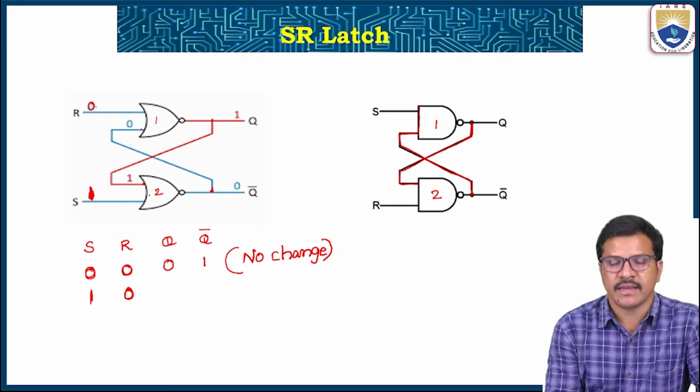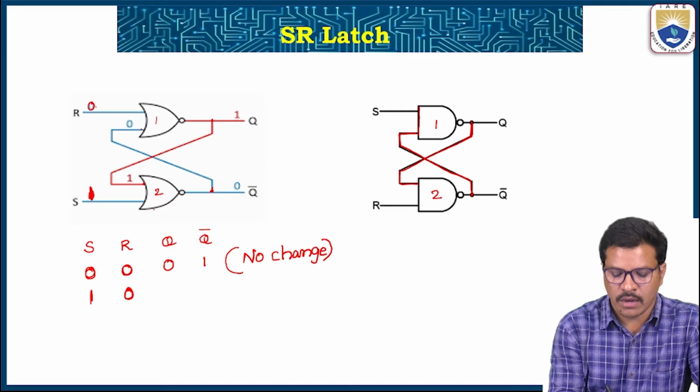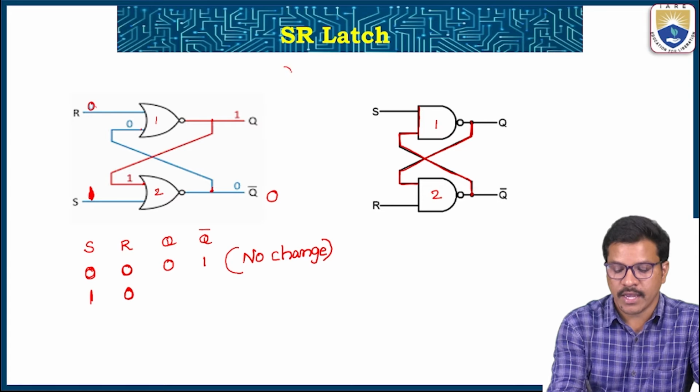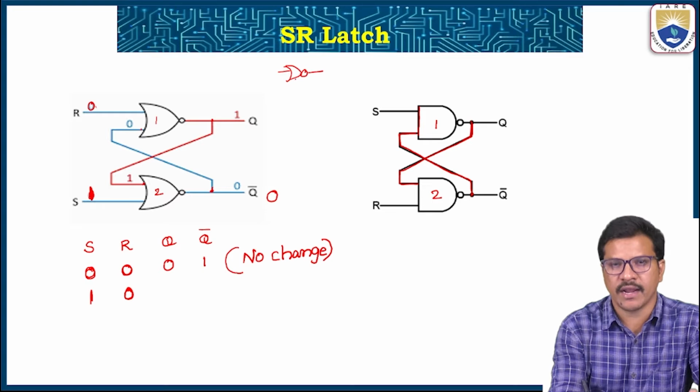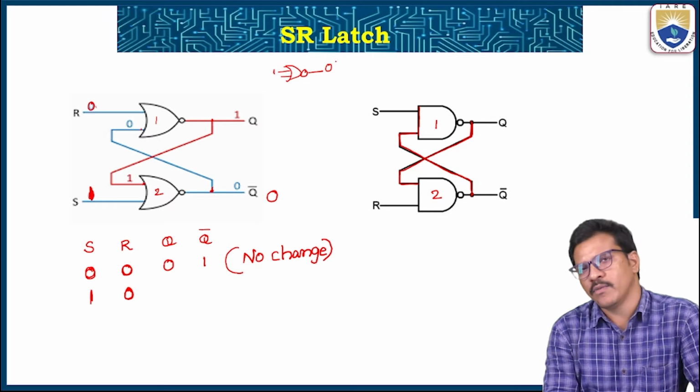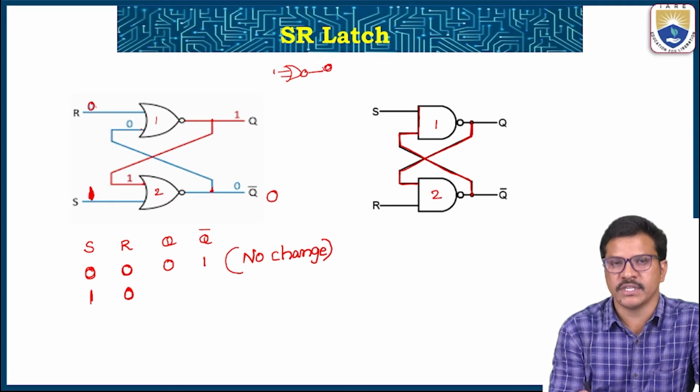Automatically this NOR gate, without depending on the second input, makes its output 0, because we know that a NOR gate is like an OR plus a NOT gate. If any one input is 1, the OR gate output is logic high, and the NOR gate output is the complement of that. So any one input being 1 makes the OR gate 1 and its complement 0, so the NOR gate output will be 0 automatically.